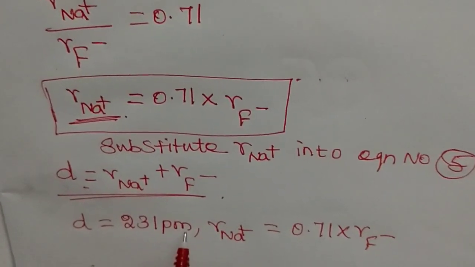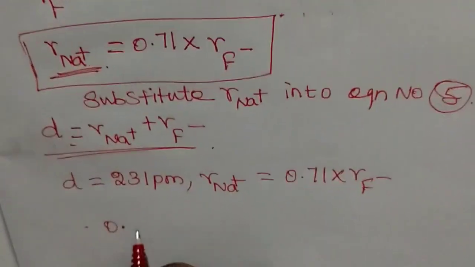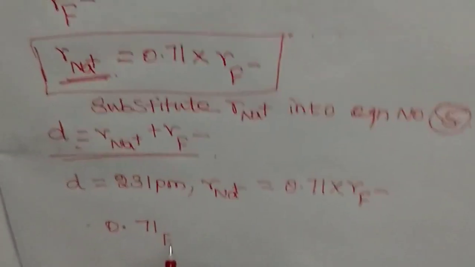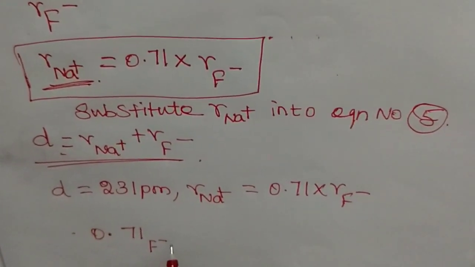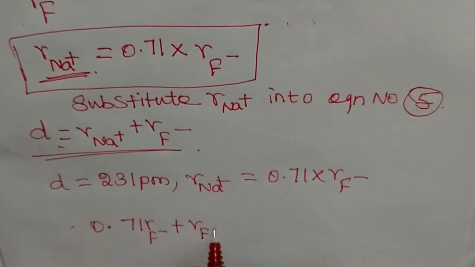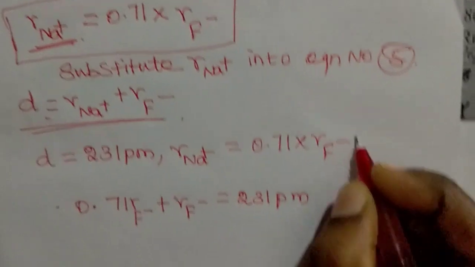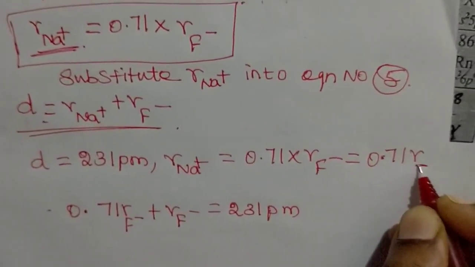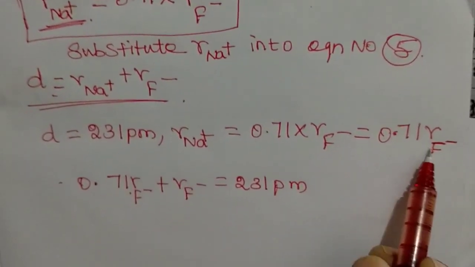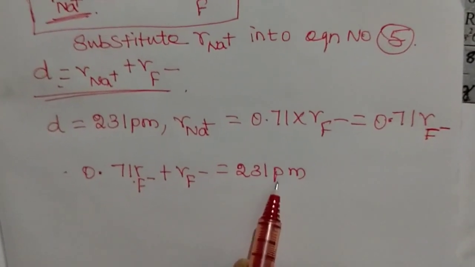What is the d value? 231 picometer. So substitute this value in the place of r_Na+: r_F- plus 0.71 r_F- is equal to d, 231 picometer.